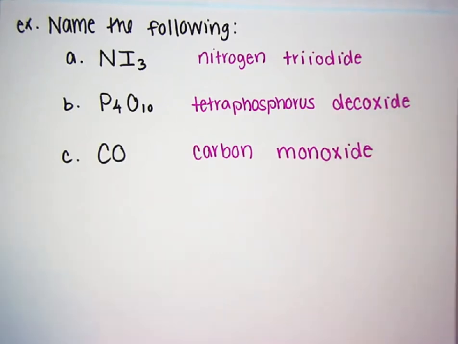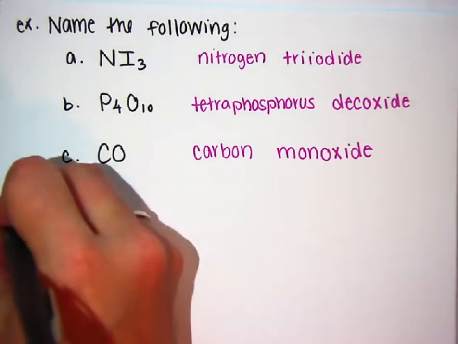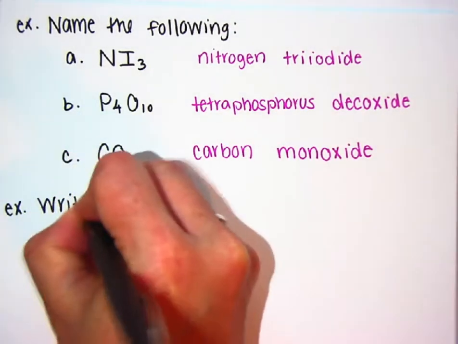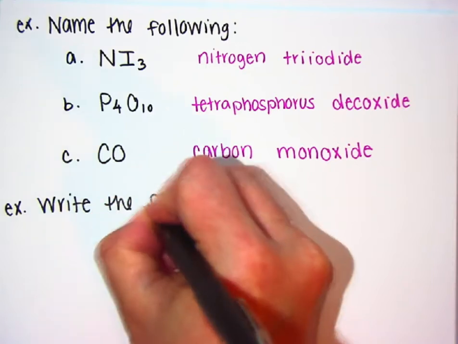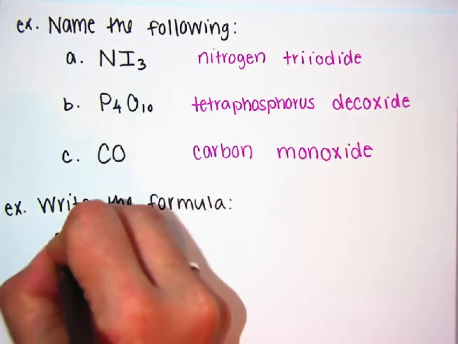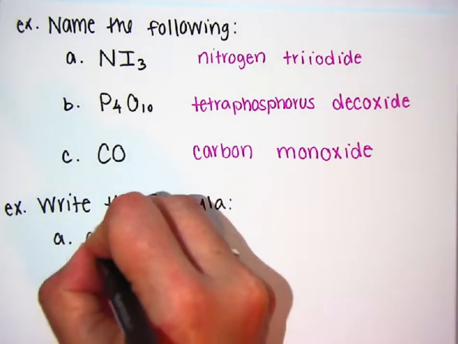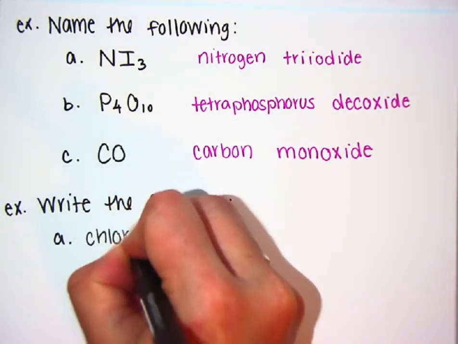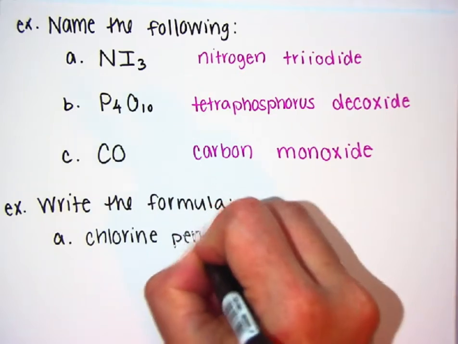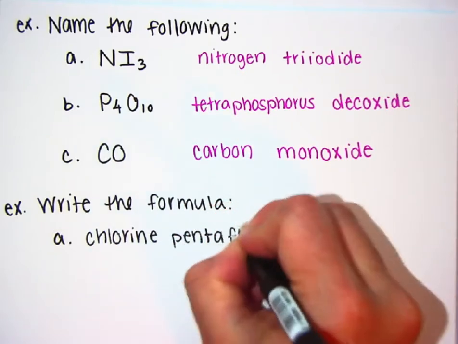Let's go the other way. So now I'll give you the name and you write the formula. A. Let's do chlorine pentafluoride.